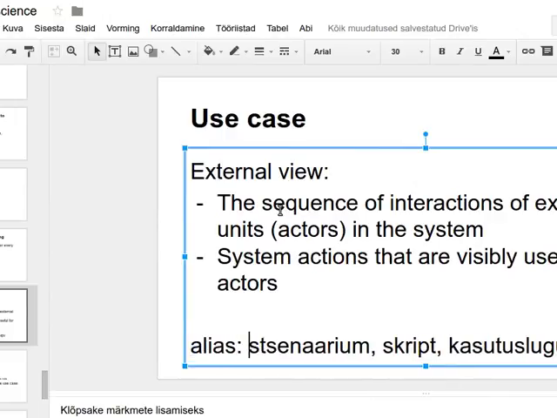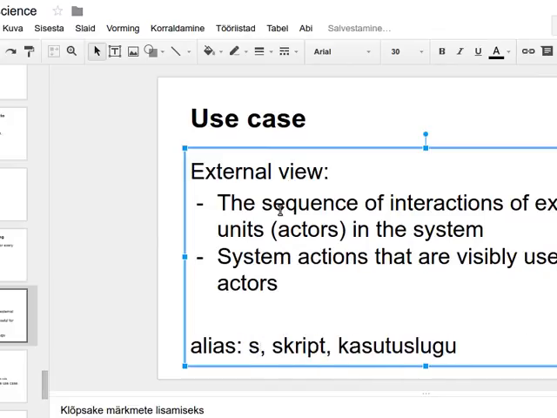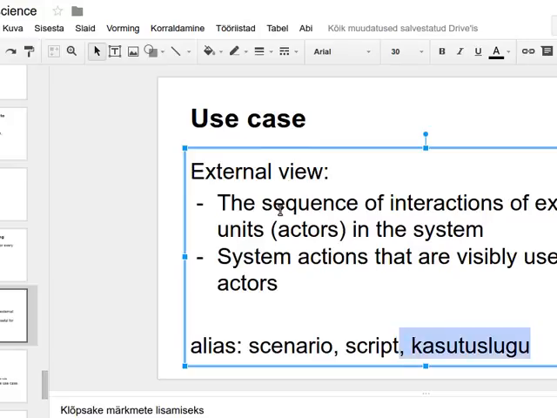What are aliases for use case? Scenario, script, and this is use story, or just story.